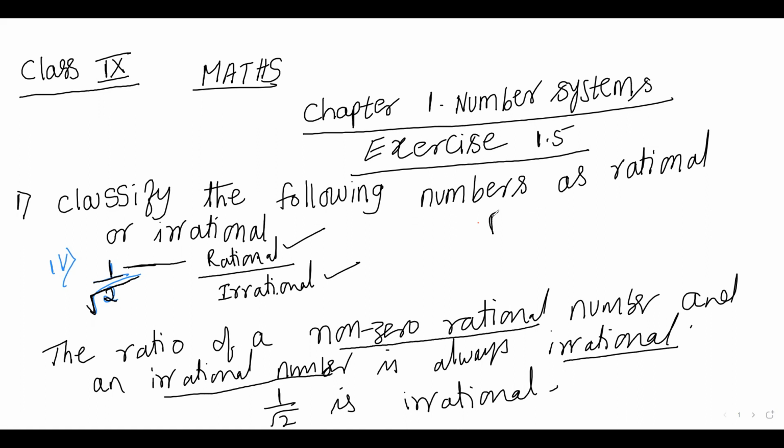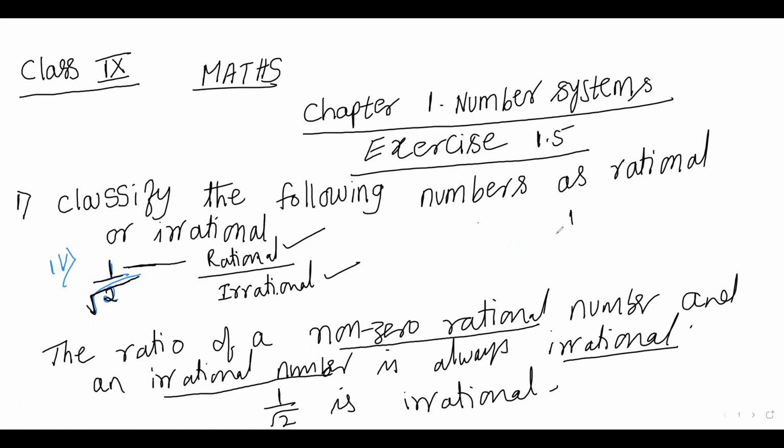Always remember, rational by irrational: this rational should not be equal to 0. It should be a non-zero rational. Rational by irrational is always irrational. So the given number 1 by root 2 is irrational.